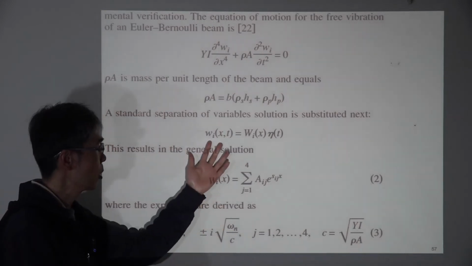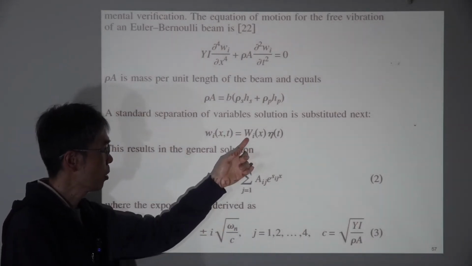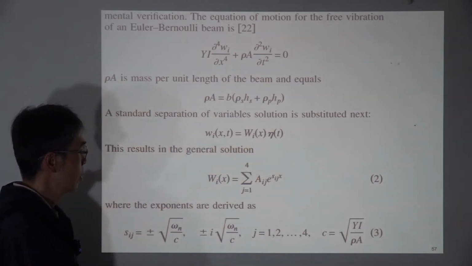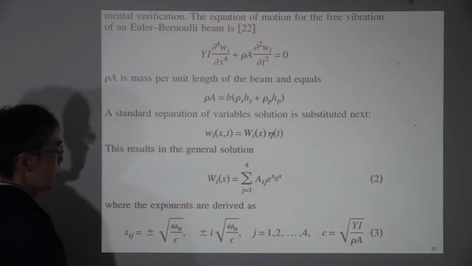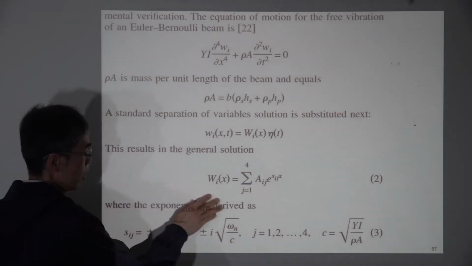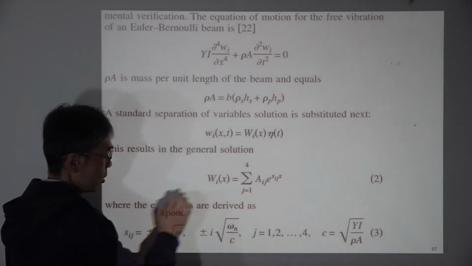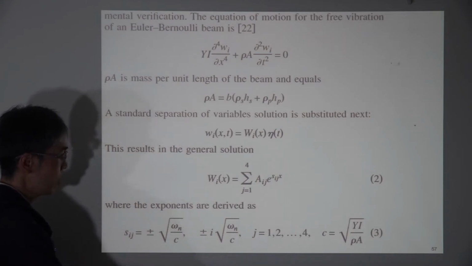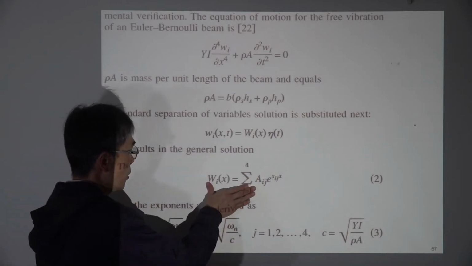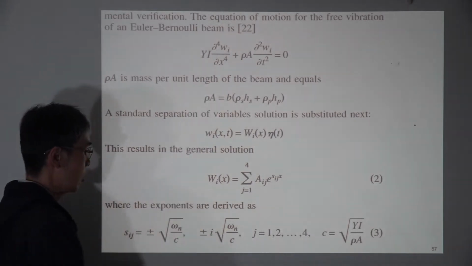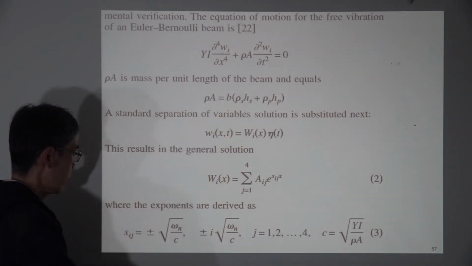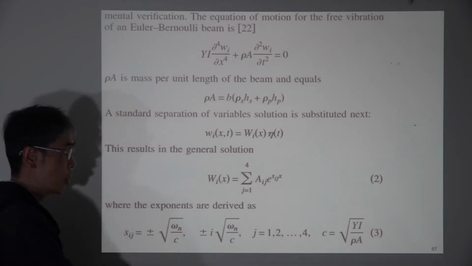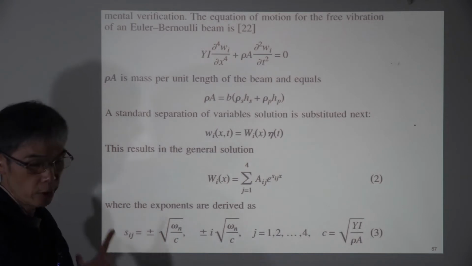We can assume the solution can be separated into capital W of x, eta of t. Then the solution W of x can be taken in this exponential form, cosine sine form. Then inserting this expression into the equation of motion, we can get the vibration frequency, the characteristic values of this equation.